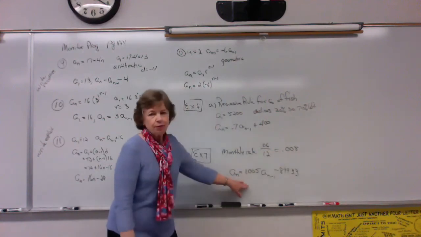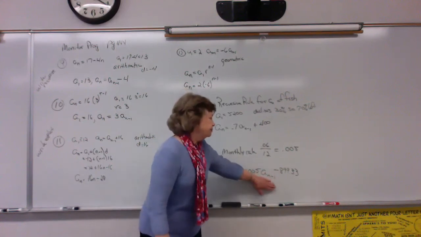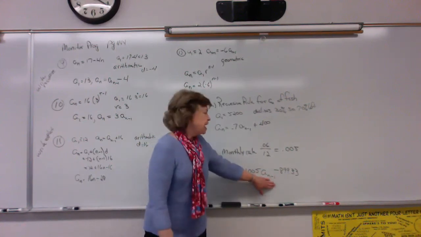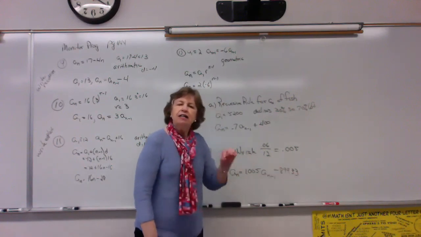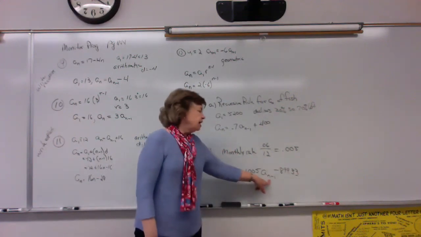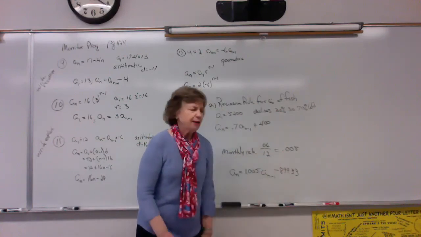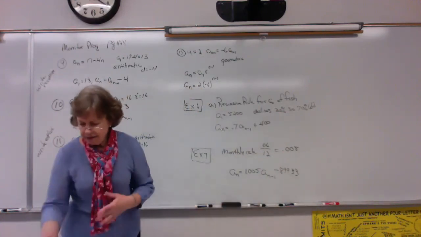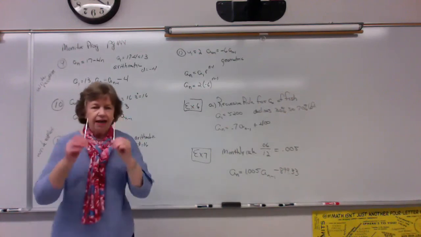So 1.005 is the rate that I'm using for whatever the balance was at the beginning, minus the $899.33. Notice that they're calculating your interest before they deduct your monthly payment. And if you do that, then we're back where we were, and they've shown you, and we're good.